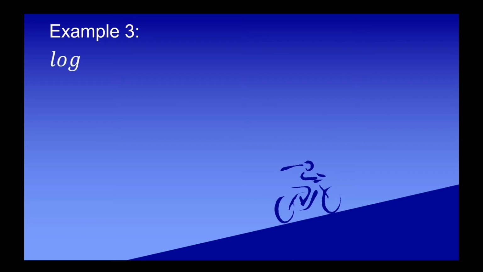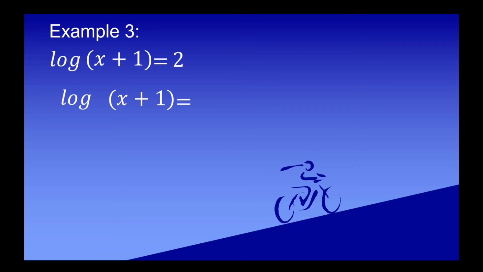Okay, for number 3, we have here the logarithm of the quantity x plus 1 is equal to 2. To evaluate this logarithm, okay, wala tayong makita na base dito.